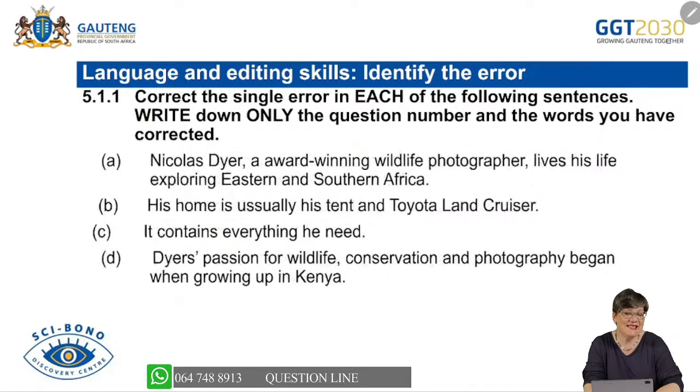And in each sentence, there is a mistake or an error. You need to identify it and write down the correct word and its correct form. Now remember, your answer must only be the word. I'm going to give you a few seconds to see if you can get it right. Remember what to look for.